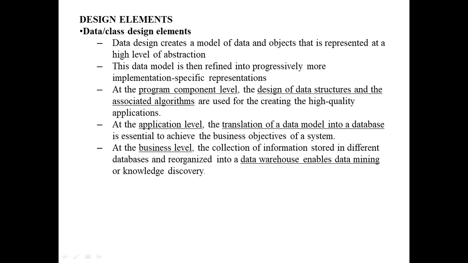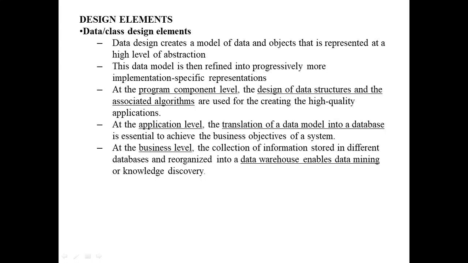First we have the data or class design element. We are giving importance to data or class. Data design creates a model of data and objects that is represented as a high level abstraction. The data model is then refined into progressively more implementation specific representation. At the program component level, the design of data structures and the association diagrams are used for creating the high quality application.